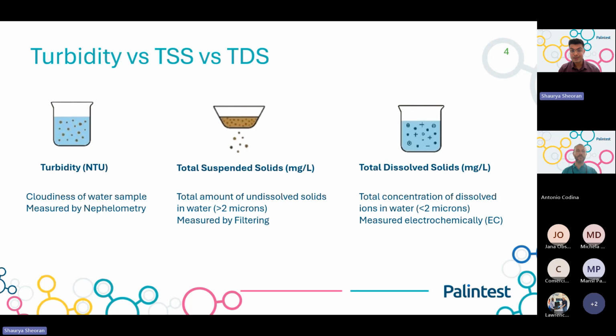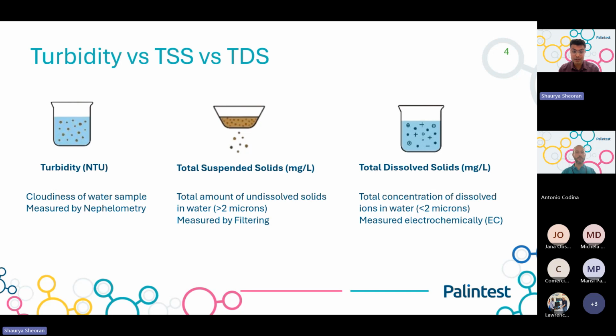Now we get some questions around the variety of species that you have linked to turbidity. So there are two other parameters which come up when people are referring to the testing. So it's total suspended solids and total dissolved solids and how they differ against turbidity. So the total suspended solids is basically when you filter the water sample through a very fine micron filter.